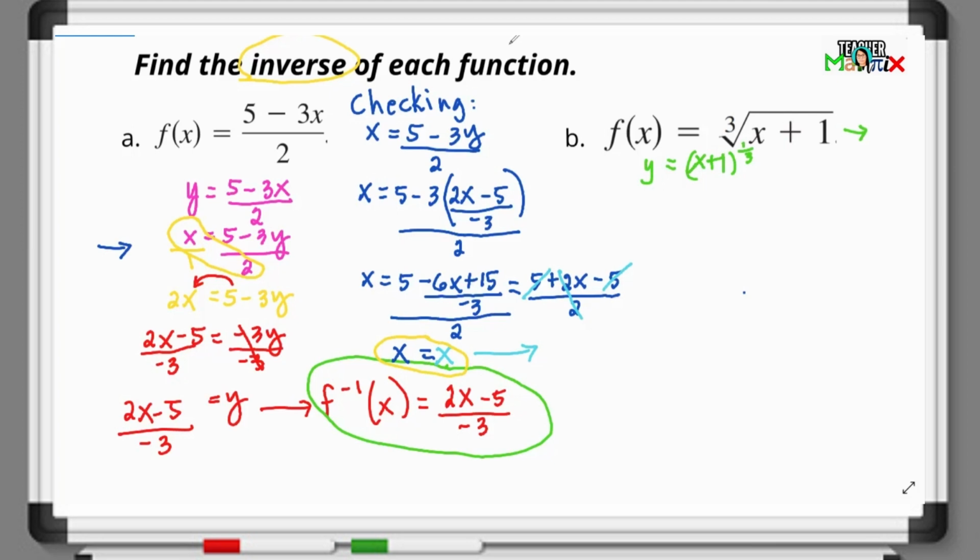Now, mag-interchange na naman tayo. Katulad ng ginawa natin sa letter A, ganun din ang sa letter B na dapat i-interchange or palitan, magpalitan silang dalawa. Itong si Y, magiging X. Tapos, si X naman ay magiging (y plus 1) raised to the power of 1/3. Okay.